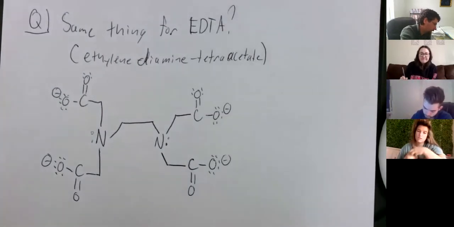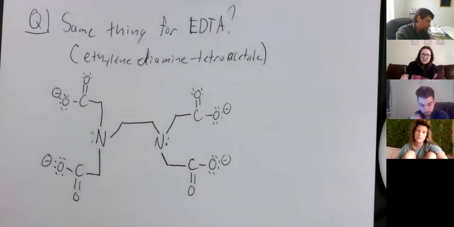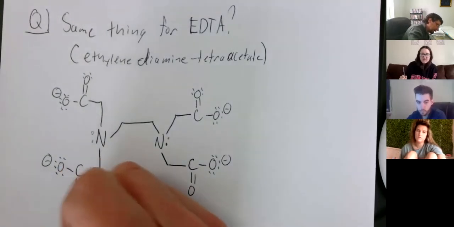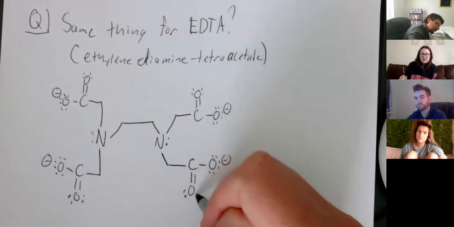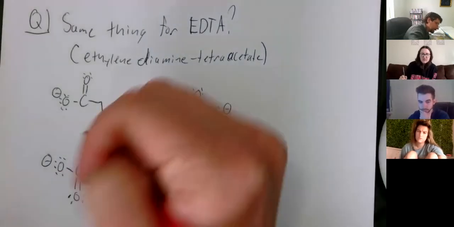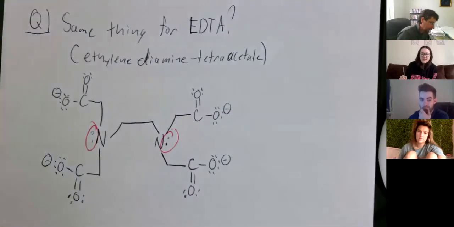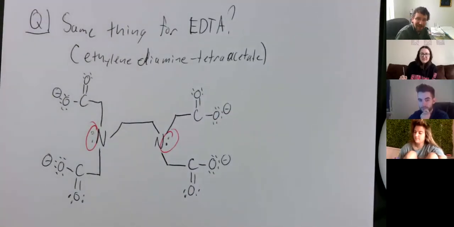8. Oh, 4. 10. Not 4, not 10, not 8. Because all of the oxygens, 2, 4, 6, 8, and then the 2 nitrogens. So the nitrogens definitely. So how about 10? Not 10. Which of the oxygens is going to bind, or which ones want to bind?